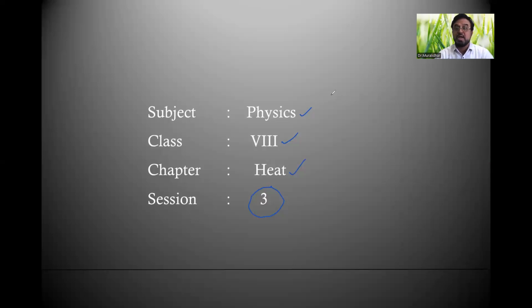But before that, let us recall. Let us review what we learned so far in the chapter heat. First we learned what is heat, then the related term temperature, and the difference between heat and temperature.